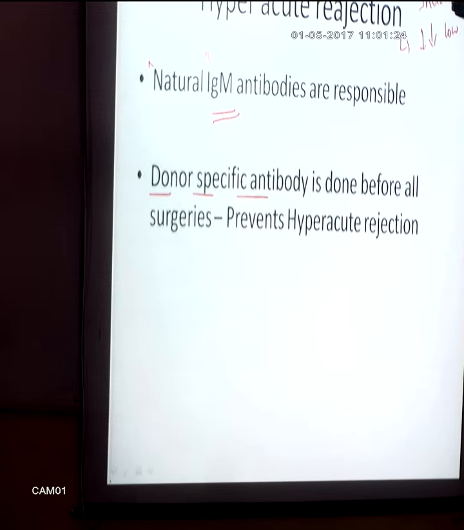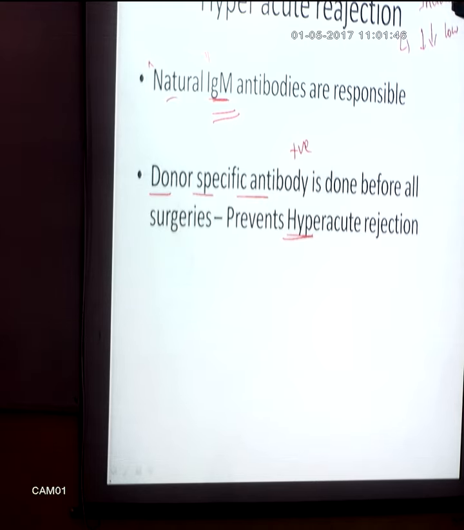This is done for all graft surgeries. If this is positive, the graft surgery will never take place, so this will almost eliminate hyperacute rejection. The only new thing added is natural IgM antibodies are responsible for hyperacute rejection.